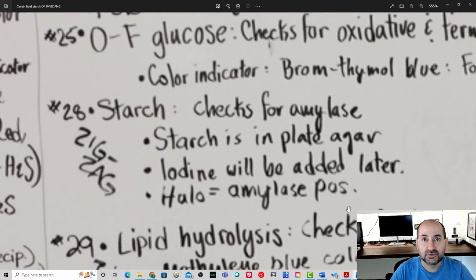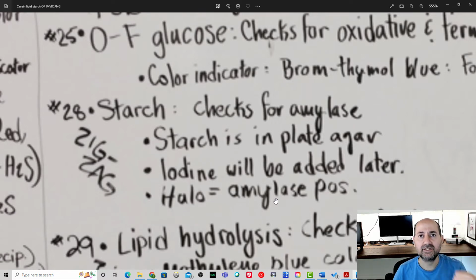All right, next for the starch test. Remember, for the starch test, we're looking for the enzyme amylase. The starch was already mixed into the agar plate. Then the bacteria grow on the plate. If the bacteria are able to produce amylase, then addition of the reagent iodine will show that there is no purple color change near the bacteria. So the bacteria kind of have a halo of no purple color.